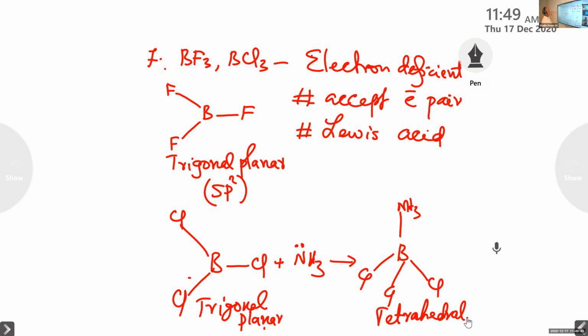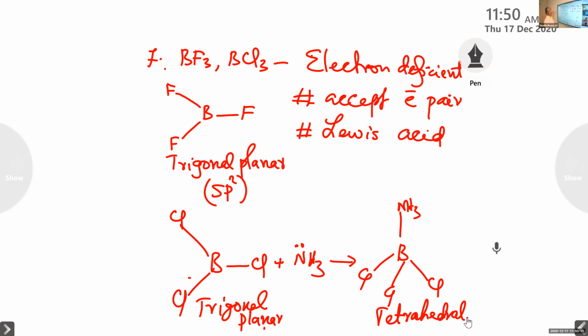So remember BF3 and BCl3. Similarly, boron hydrides also are electron deficient, so they can accept electron pairs. Electron pair acceptor is a Lewis acid. So BCl3, BF3, etc. can act as electron pair acceptors or Lewis acids.